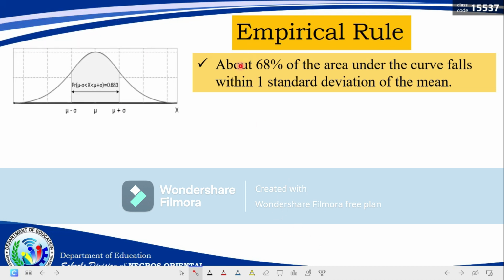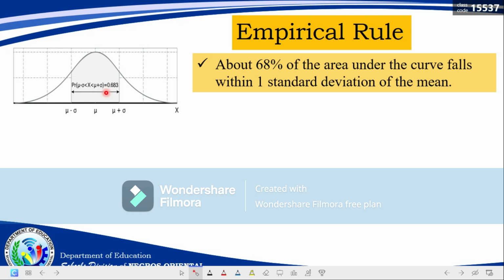Since we say about 68% of the area under the curve falls within 1 standard deviation of the mean, if this is our mean, this is the area covered by the 68%, the shaded one. If you've noticed here, you have the probability wherein x is greater than the mean minus the standard deviation, at the same time less than the mean plus the standard deviation.